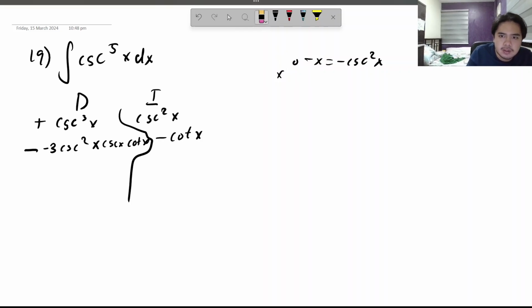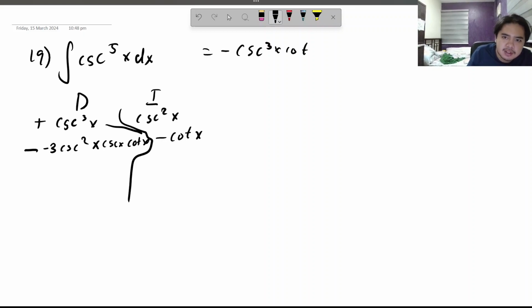So let's erase this one. The diagonal, it's now ruined. Diagonal, so we first put negative cosecant cubed x cotangent x. Then the integral of this row here, so negative, negative, negative is going to be negative.